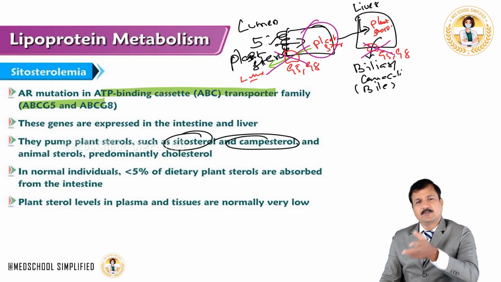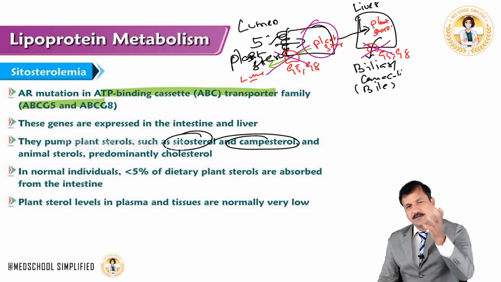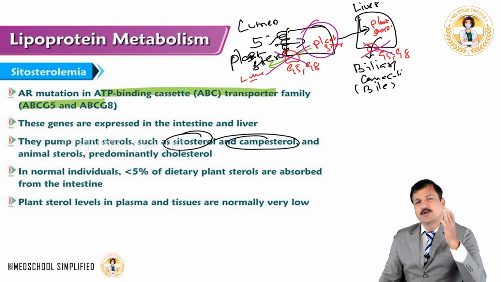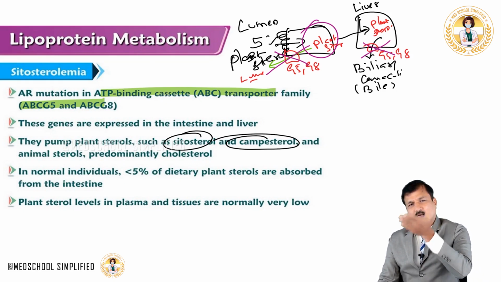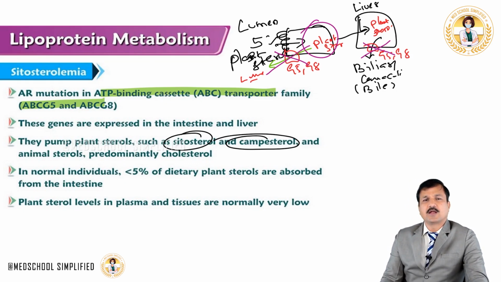From the liver, it will become part of VLDL. VLDL is taken to the circulation, converted to IDL, IDL to LDL. LDL gets into the tissue, and that's how plant sterols will get into the tissue.